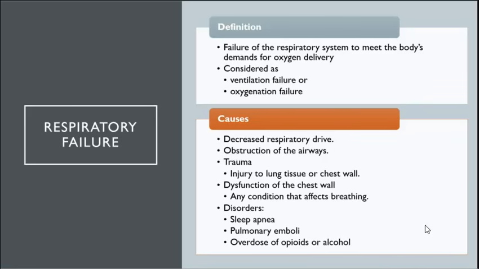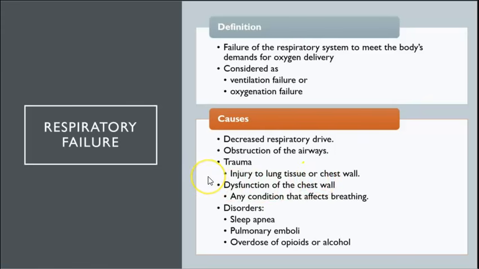So the causes of it: decreased respiratory drive. What causes decreased respiratory drive? That could be your patient overdosing on an opioid. Obstruction of airway. What would be an obstruction of an airway? That could be your COPD or a mucus plug or asthma. Trauma: injury to the lung tissue or chest wall.